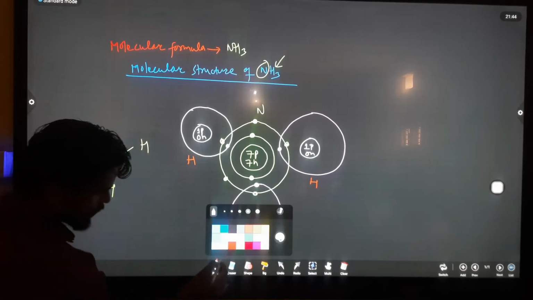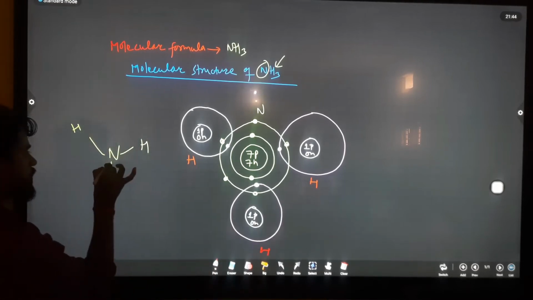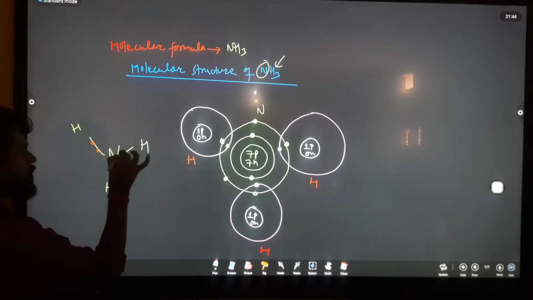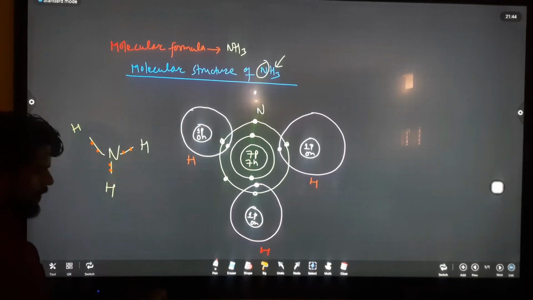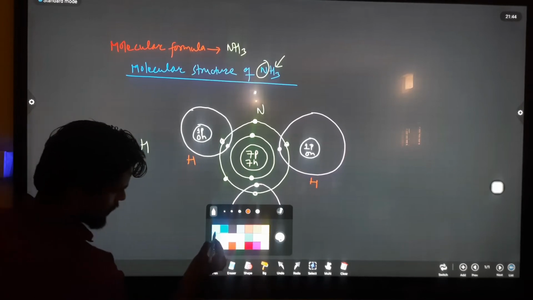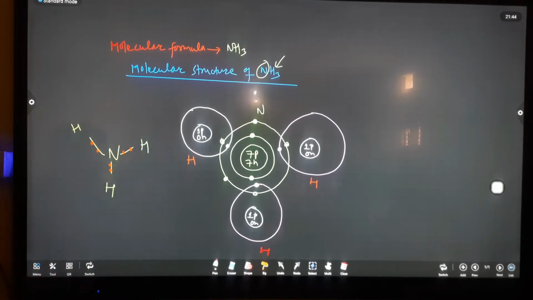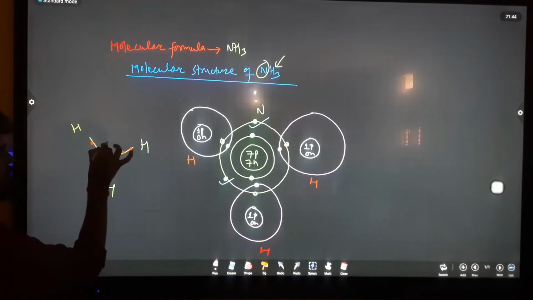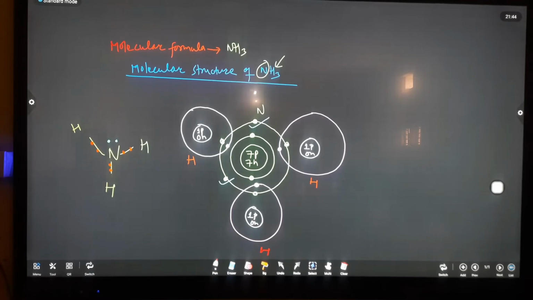So you can show it like this also, sharing of electrons here: 1, 2, 1, 2, 1, 2. And how many remain on nitrogen now? After sharing, how many remain? 2 remaining, no? We can show it like this also. So this is the molecular structure of NH3.